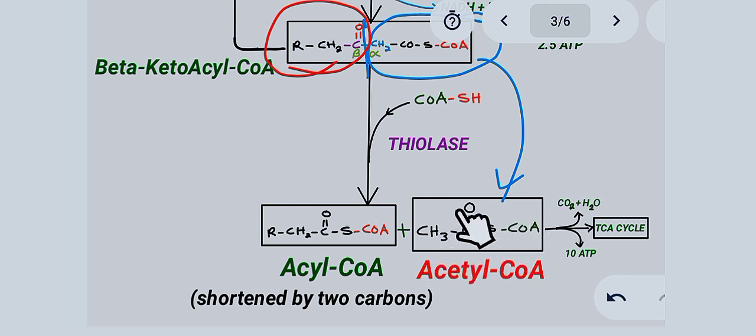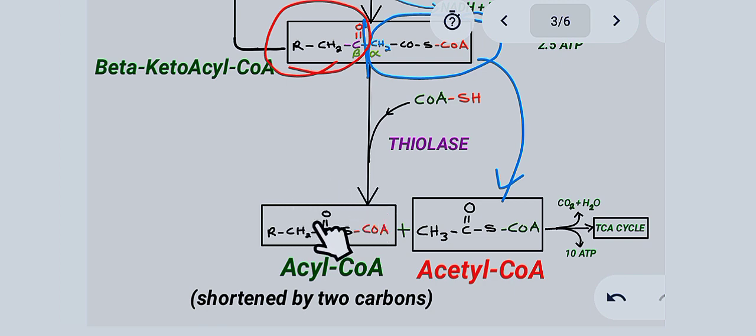When you produce acetyl CoA, it means you have removed 2 carbons from that 16-carbon acyl CoA you started with. Now, how many carbons are going to remain? It's 14. Now, 14 carbon, you add a coenzyme A, you make this acyl CoA. So this acyl CoA is now having 14 carbons. And that's what we mean shortened by 2 carbons.